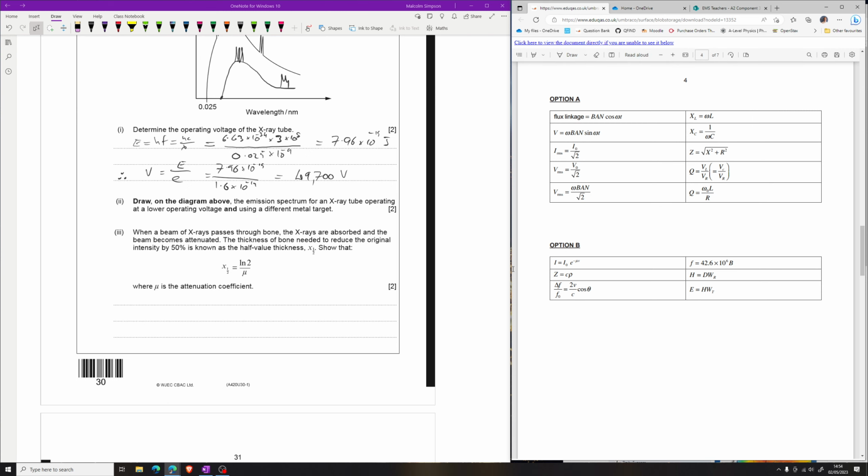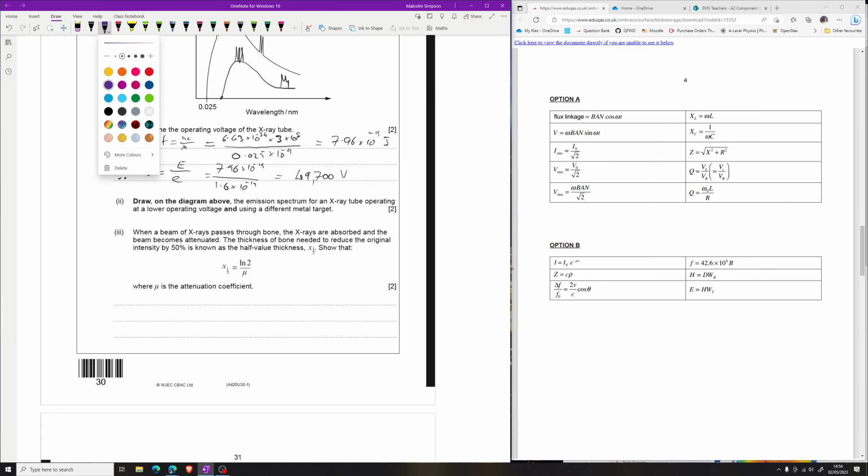Intensity equals initial intensity e to the minus mu x, and there is mu in our equation. So we start from here: I equals I naught e to the minus mu x. That's our starting point. 50% implies I equals I naught over 2.